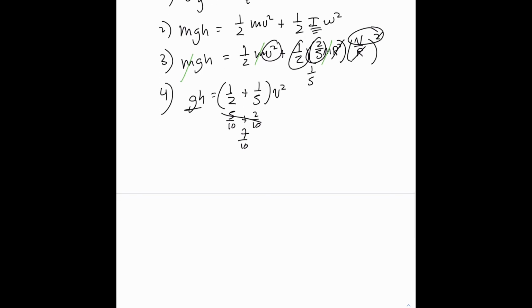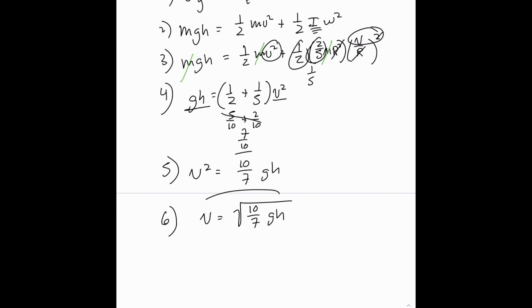So if gh is 7/10 of v squared, then v squared is 10/7 of gh. So the velocity at the bottom of the ramp is the square root of 10/7 gh.